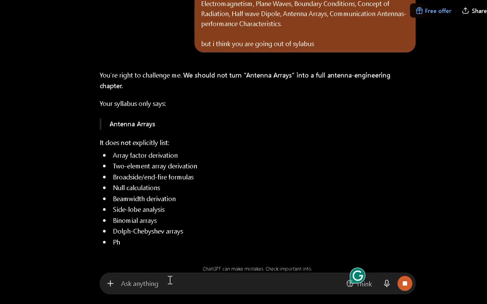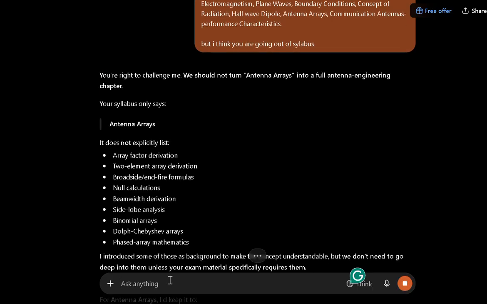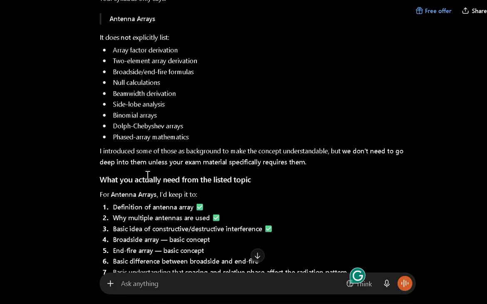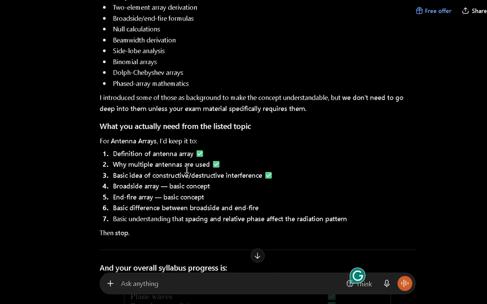We should not go into arrays in that full depth, since it does not help to go from one derivation to another derivation beyond the syllabus level. Those services introduce some background to make the concept understood better.